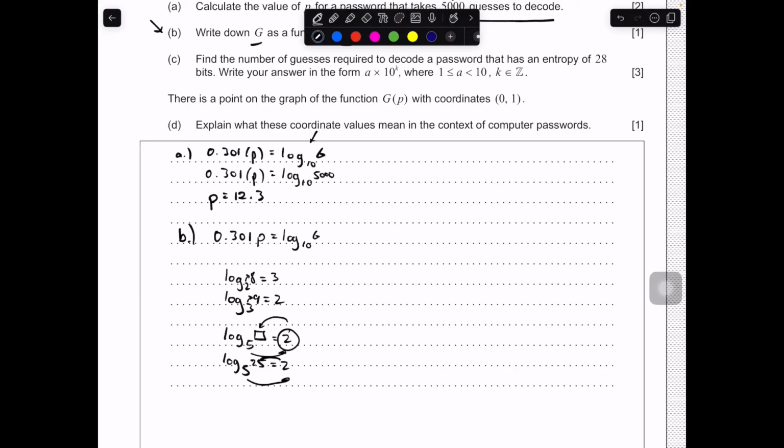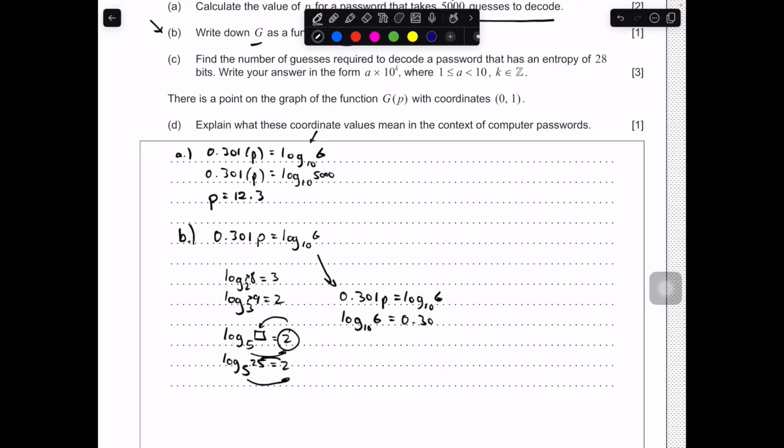And so if we try to write this out in a similar way for this question right here, we have 0.301p is equal to log base 10 of g. I'm just going to rewrite this equation, log base 10 of g, just rearranging it.